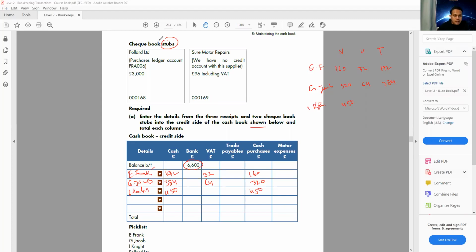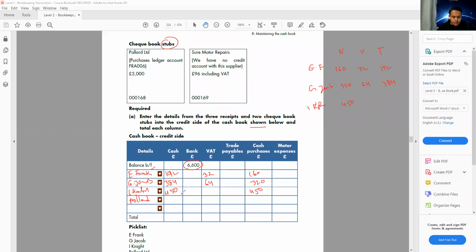So the first one we can see here is Pollard. How much am I going to write and in which column? 3,000 I'm going to write, and in which column, cash or bank? 3,000 on the bank column. Very well done.